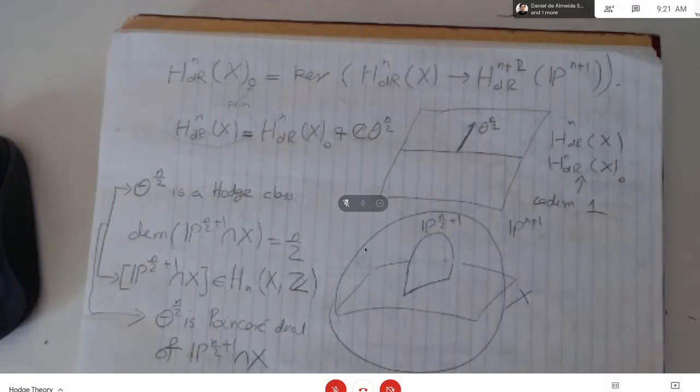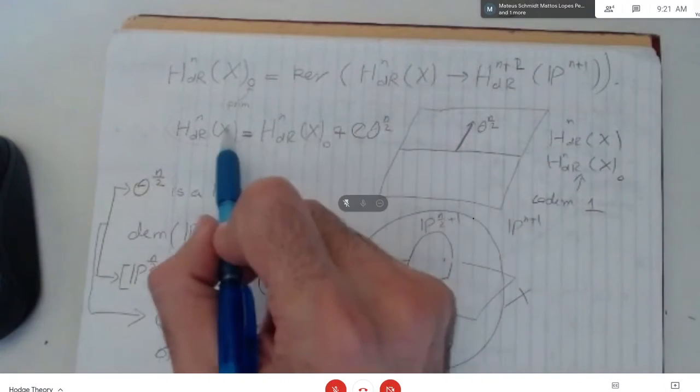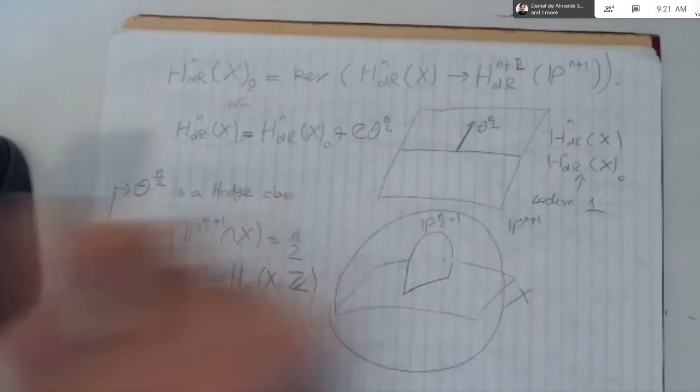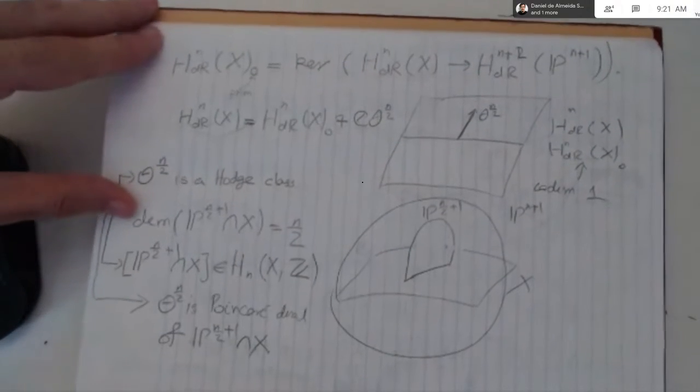So this means that if we are interested in Hodge cycles, Hodge classes here, basically we can work with this primitive cohomology.